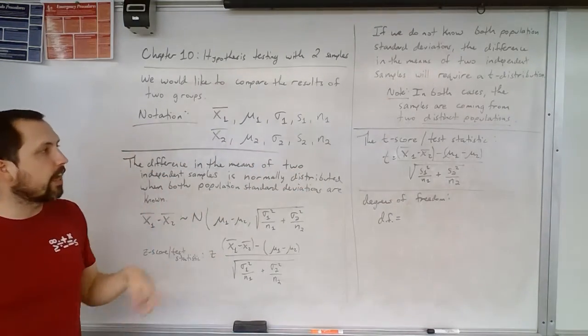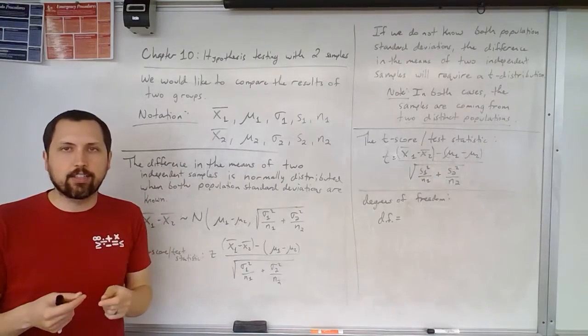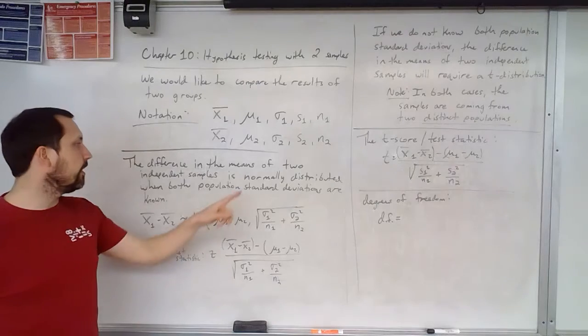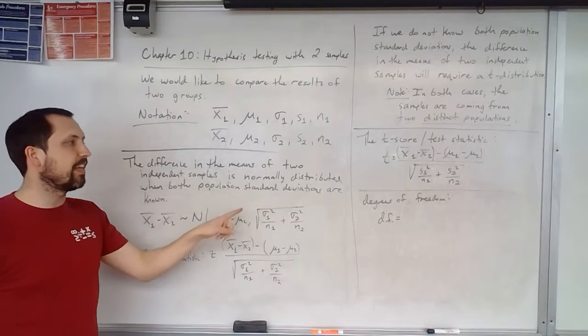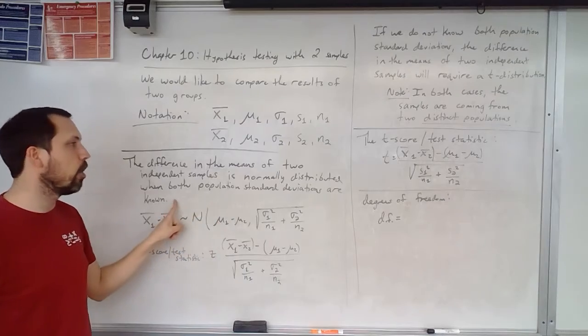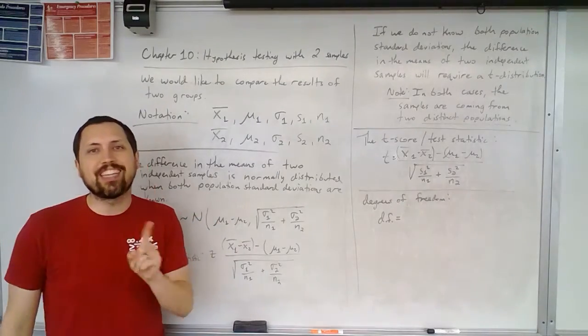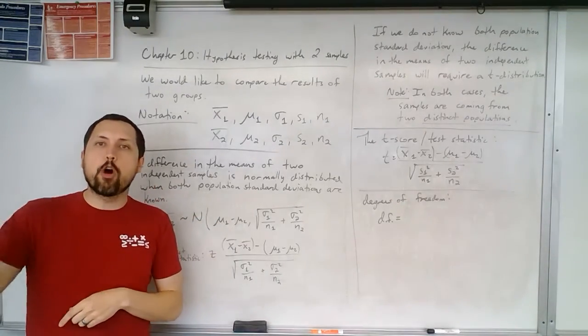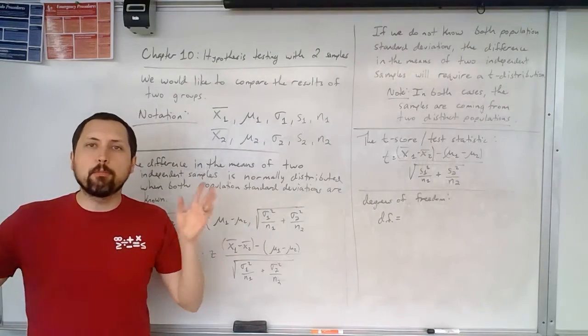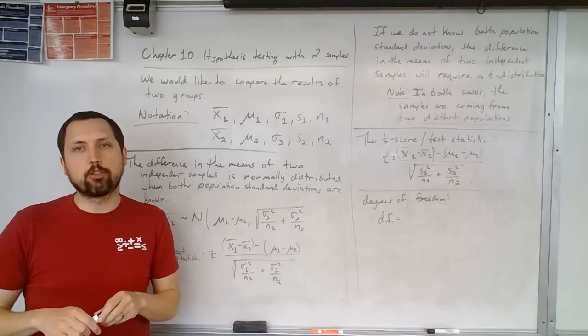So to understand how we're going to do the hypothesis testing, first thing we want to note here is that the difference in the means of two independent samples is normally distributed when both population standard deviations are known. So similar to a single sample, if we have a known population standard deviation, then those sample means form a normal distribution.